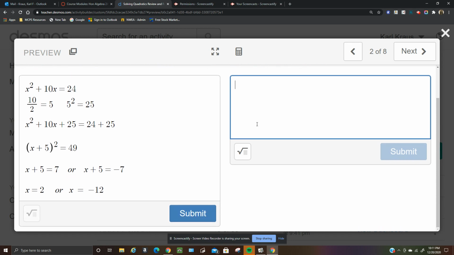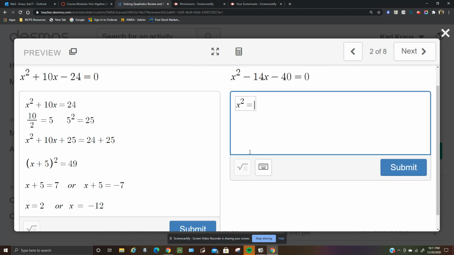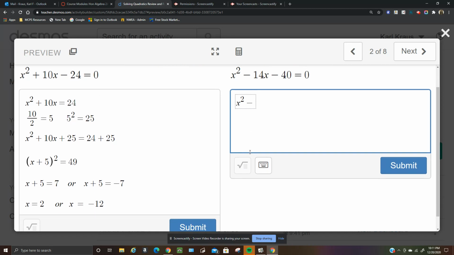Second one, you want to add 40 to both sides. Negative 14 divided by 2 is negative 7. Negative 7 squared equals 49.